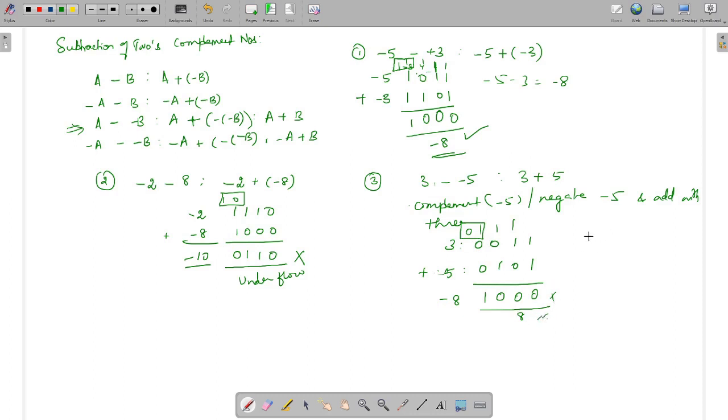So 2's complement arithmetic is very easy. In both cases, both in addition and subtraction, you basically do addition. So just one unit of adder is needed in order to implement both addition and subtraction, whereas in the case of sign magnitude representation, you need a separate system wherein we need to check the sign of the values, and the magnitude has to be accordingly adjusted and subtracted in the case of subtraction.